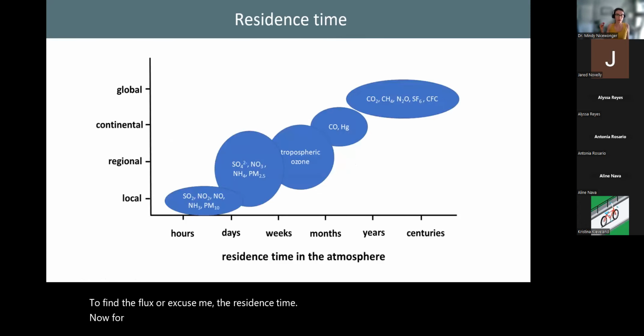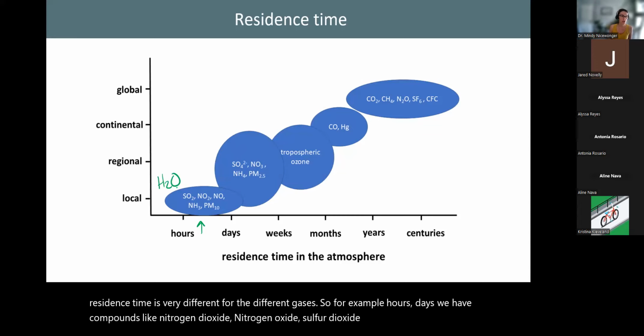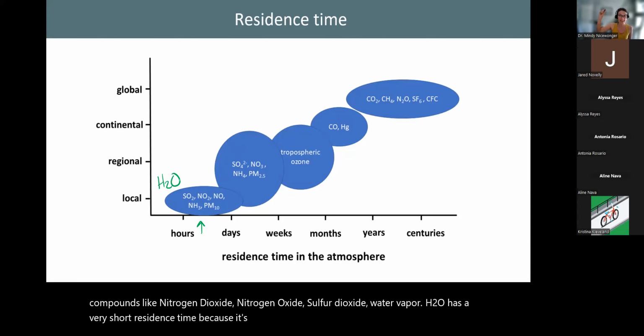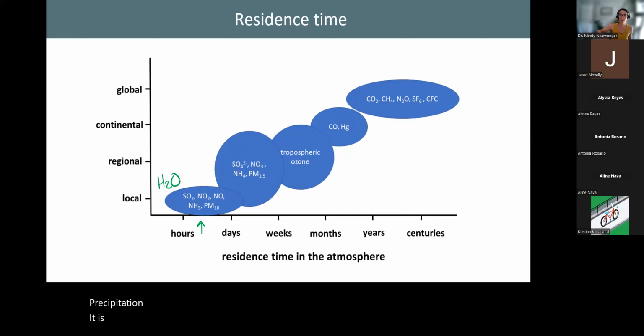Now, for reference, when we think about residence time of gases in our atmosphere, the residence time is very different for the different gases. So for example, hours, days, we have compounds like nitrogen dioxide, nitrogen oxide, sulfur dioxide. Water vapor, H2O, has a very short residence time because it's evaporating and condensing, forming clouds, maybe even precipitation. It is constantly being moved around the different reservoirs.